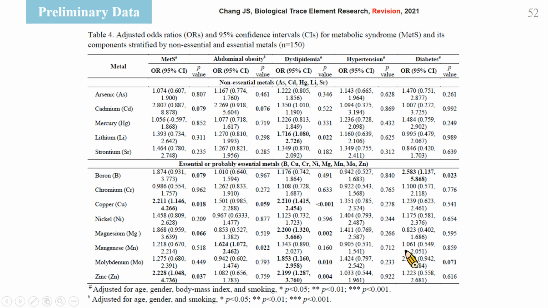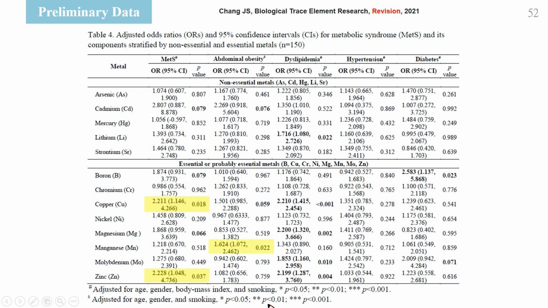Finally, we ran a multi-linear regression to predict the risk association between metal exposure and metabolic syndrome. What we found is that the essential or probably essential metals like copper and zinc were positively associated with risk of metabolic syndrome. There is a borderline effect of cadmium on metabolic syndrome, but after the adjustment, it became non-significant.